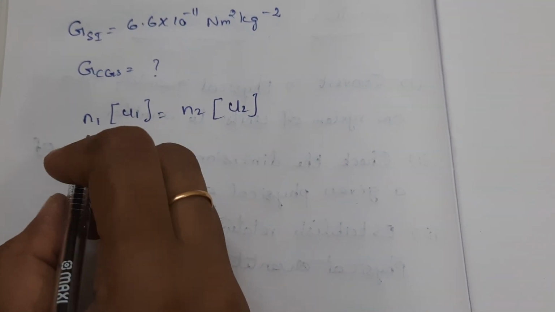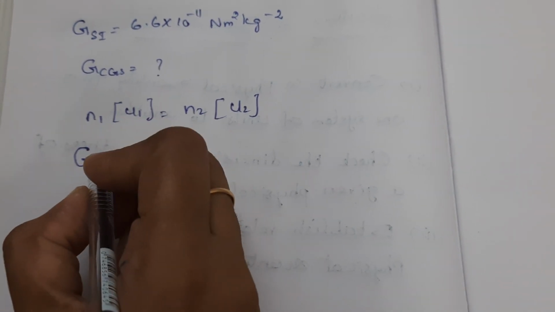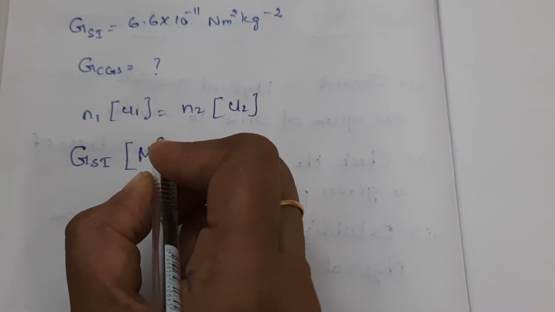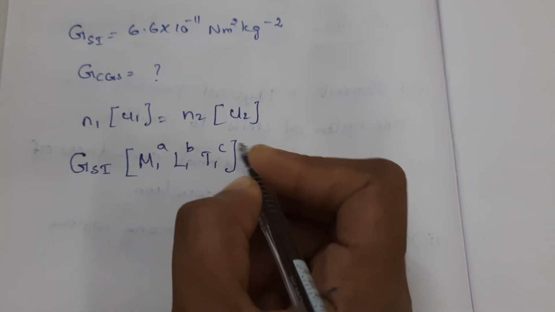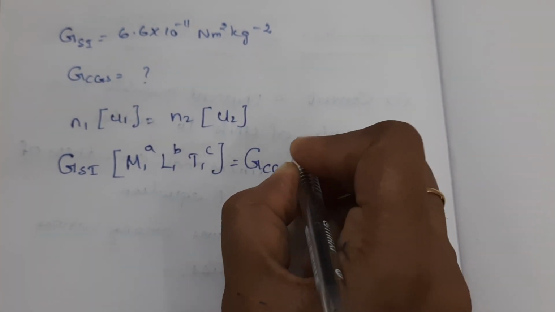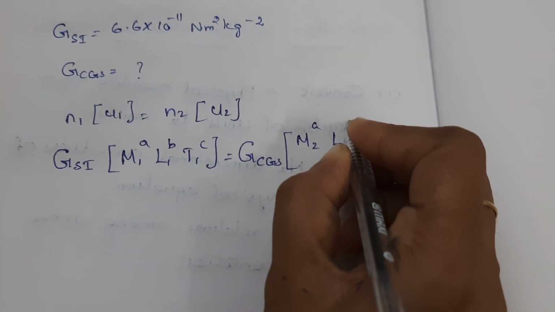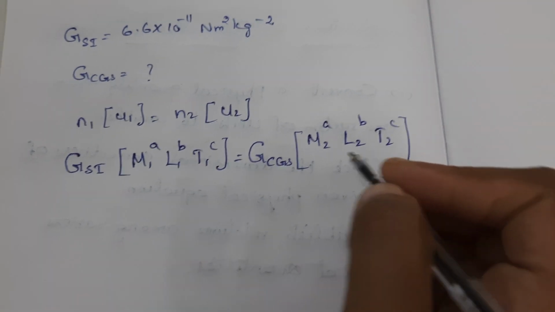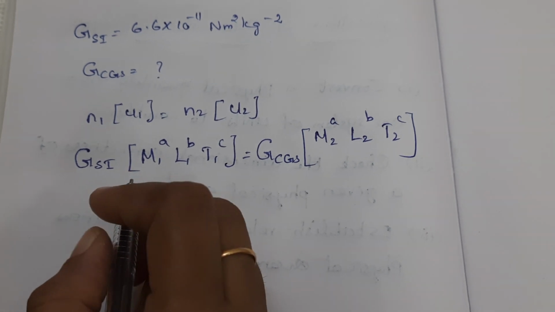Or else we can write G_SI M1 power a, L1 power b, T1 power c is equal to G_CGS M2 power a, L2 power b, T2 power c.